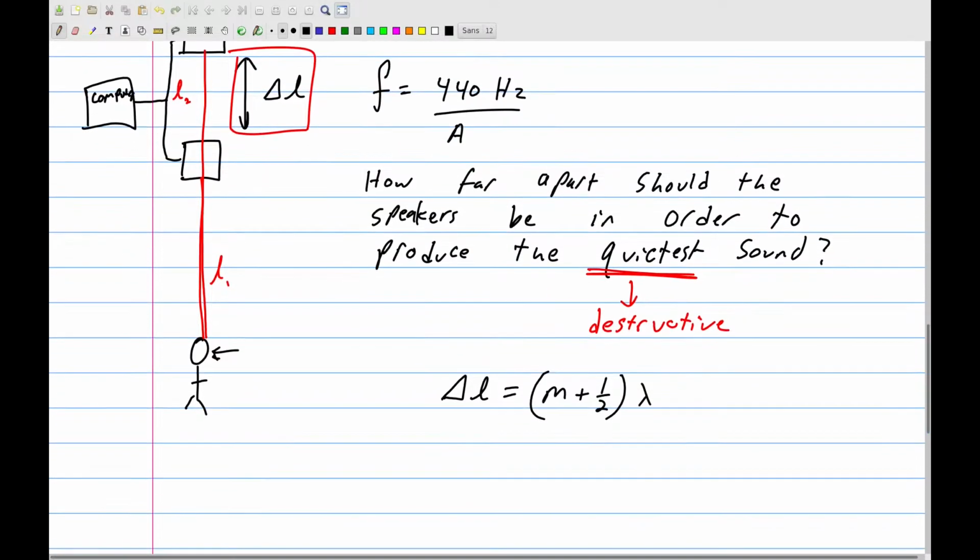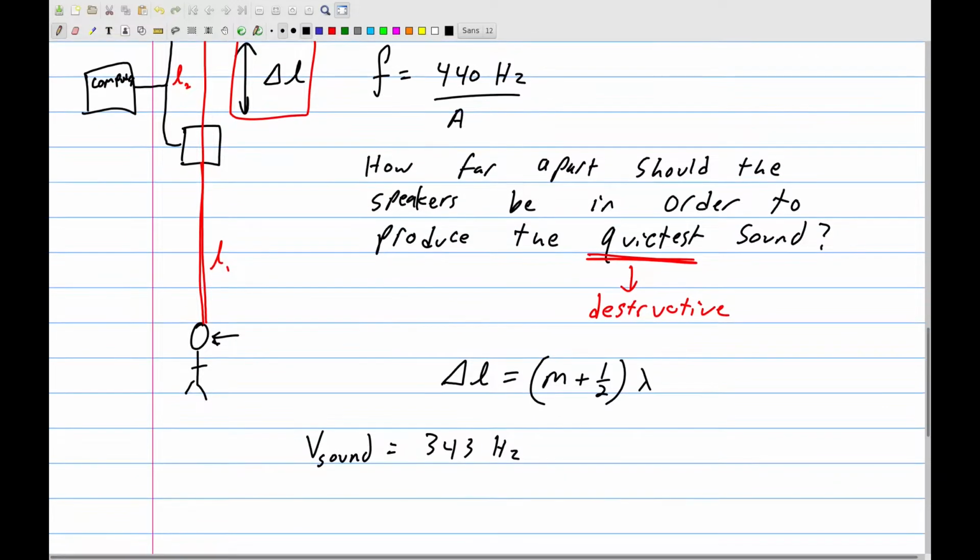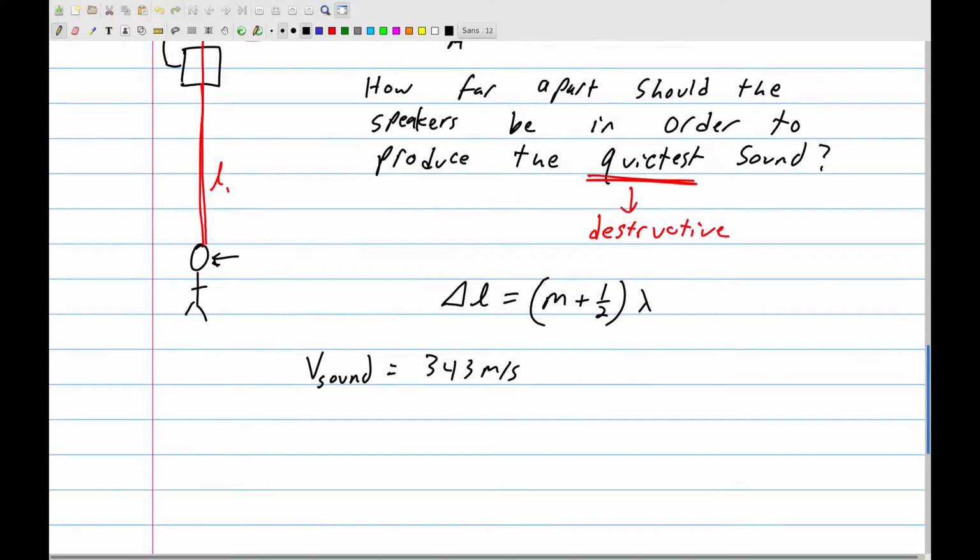We don't know lambda yet, but we do know that the speed of sound is 343 meters per second. Because of that, we can solve for lambda using the equation V equals F lambda. Solving for lambda, V over F is equal to lambda.